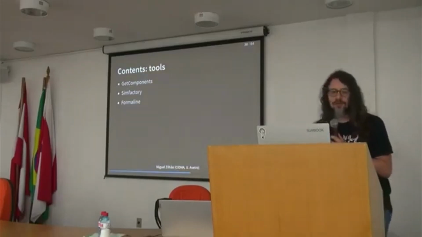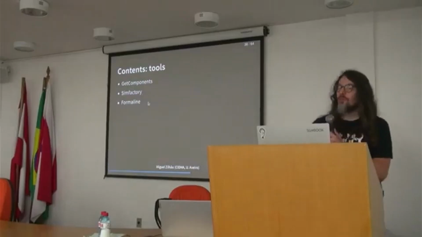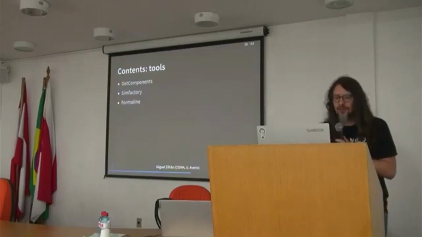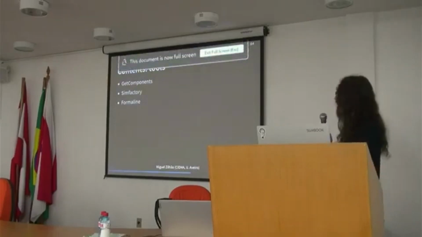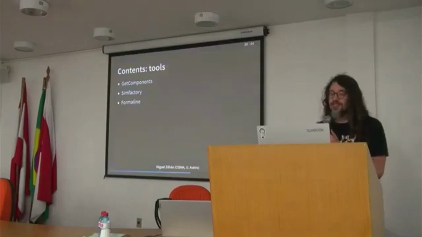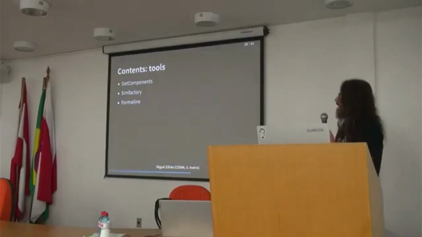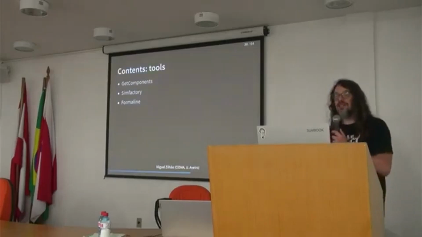That's what it does. SimFactory is a tool that is used for you to manage your simulations, and Formaline is a tool that allows you to store with your simulation data also the code that was used with it.